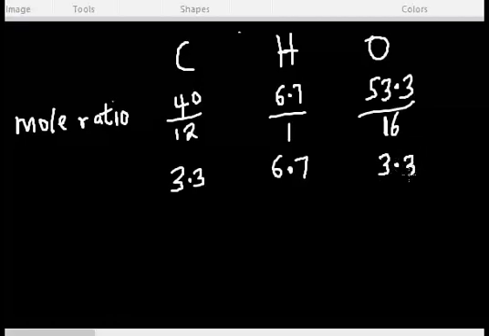So this time around, I'm not using this ratio as it is. I have to divide by the smallest mole ratio. Every ratio must be reduced to the lowest term. So the next step is to divide by the smallest.